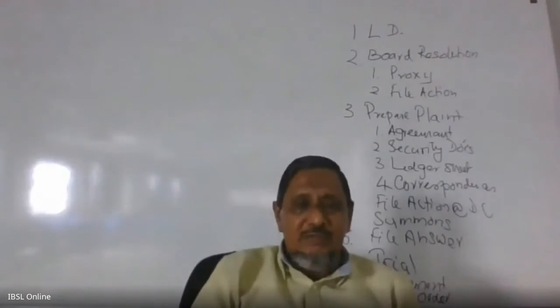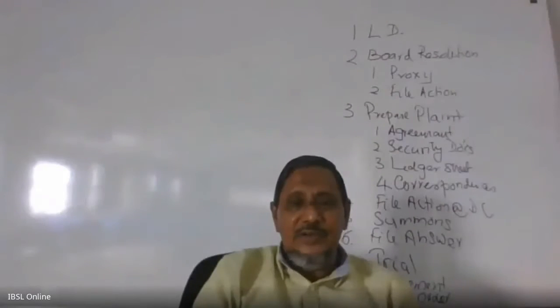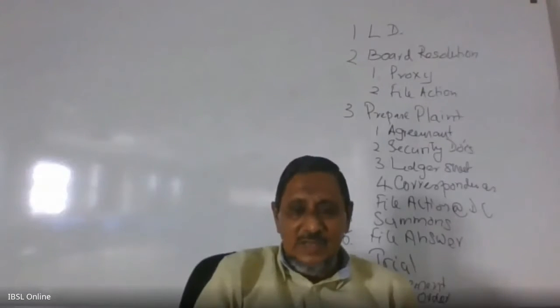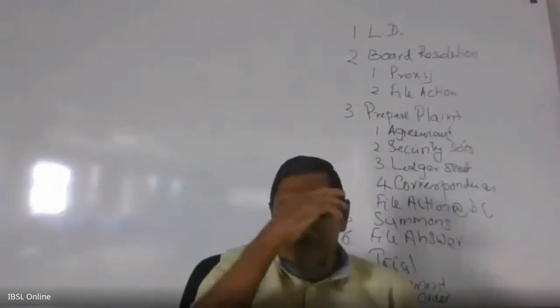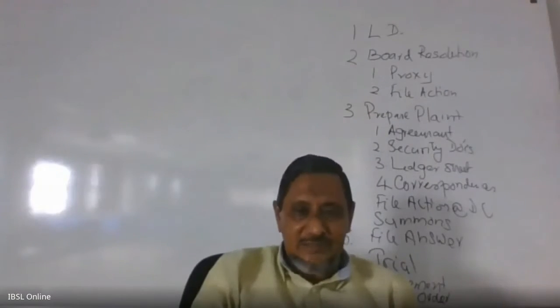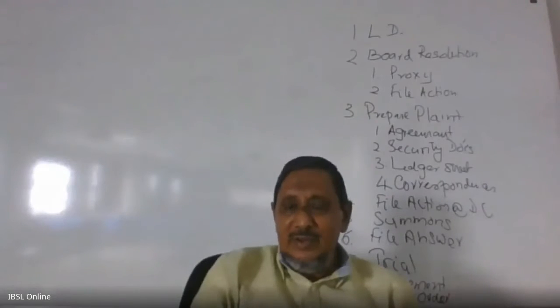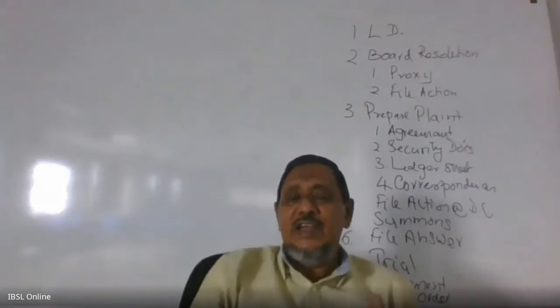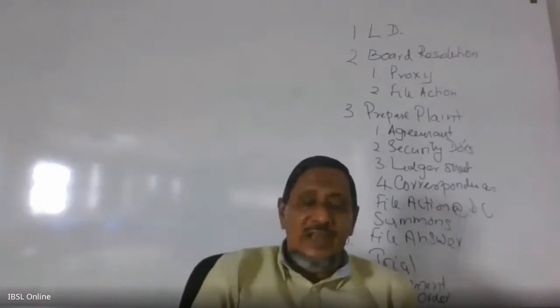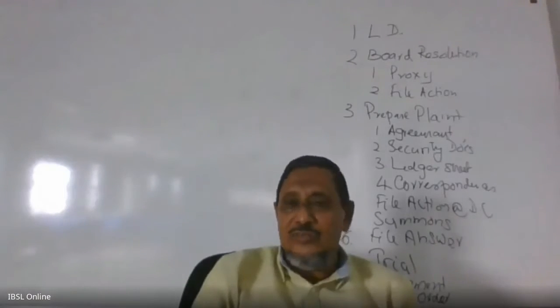And the same procedure, that is sending a letter of demand, getting the board resolution passed, preparing a proxy, preparing the plaint, then the plaint is to be produced to the district courts and action filed. Thereafter, the other procedures are not followed in the Debt Recovery Act. There are no summons issued. There's no filing of answer. There's no trial.